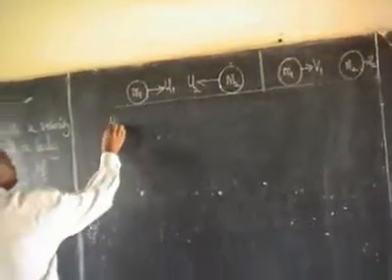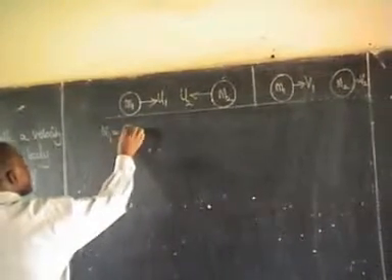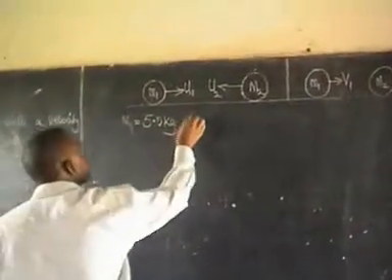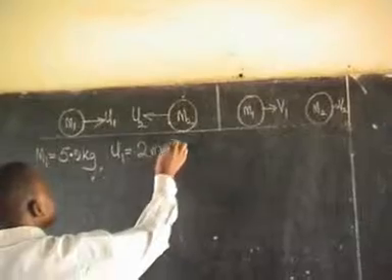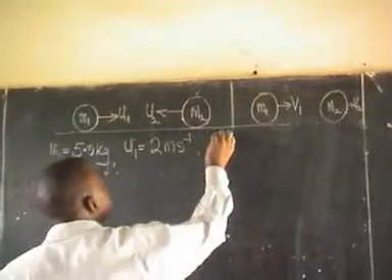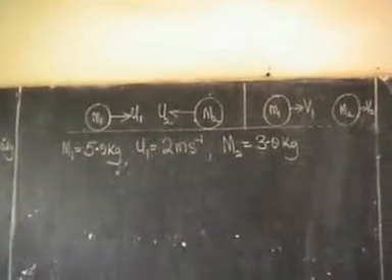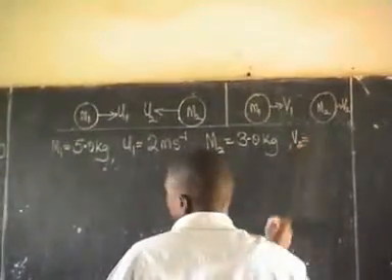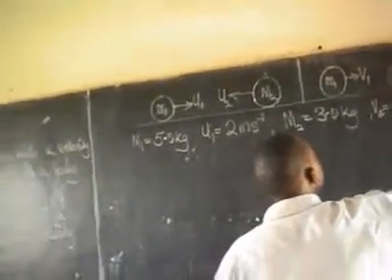So m1 is given as 5.0 kilograms. So u1 is equal to 2 meters per second. m2 is 3 kilograms, moving with velocity u2, taking the magnitude of the speed, is 2.0 meters per second.